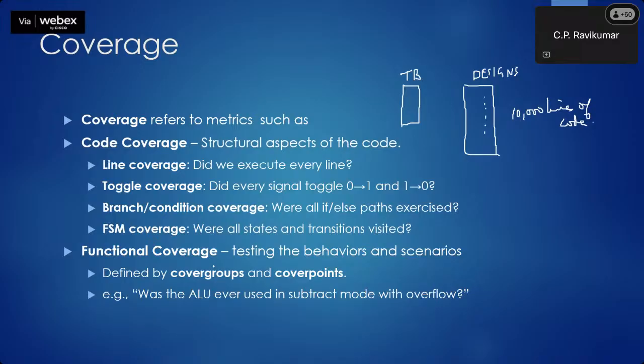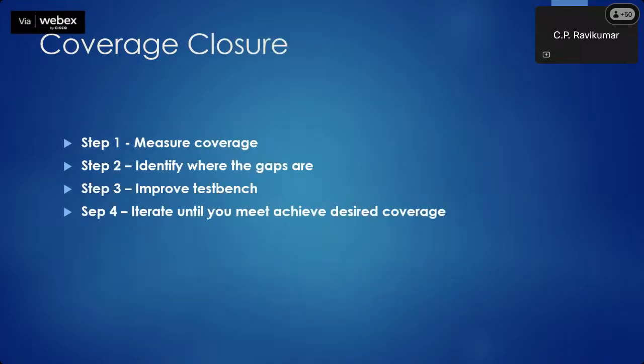That is the question we want to ask. If that has not happened, then I think our functional coverage is not so good. On the other hand, we may have very good line coverage, toggle coverage, etc., but maybe the functional coverage is not there.